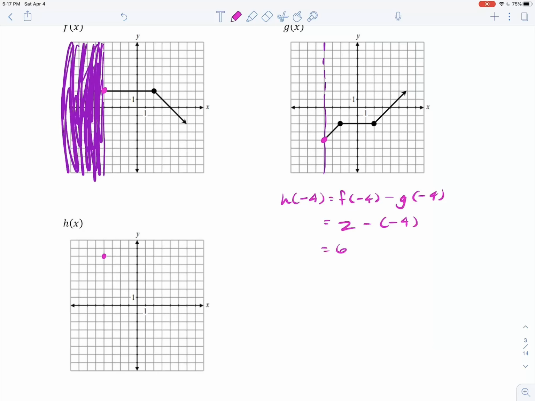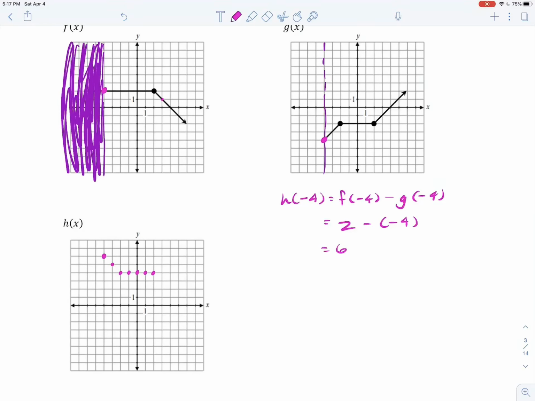I don't know what that is. I do know what that is. This many. 2 minus -2. Where am I at? 2 minus -2 again. Still that. Alright, what's happening here?